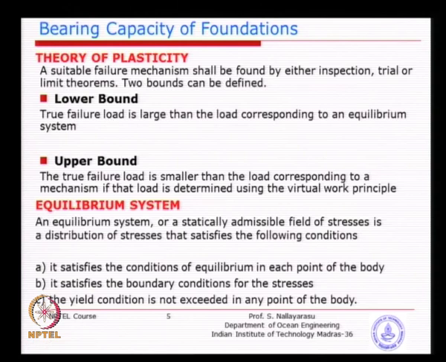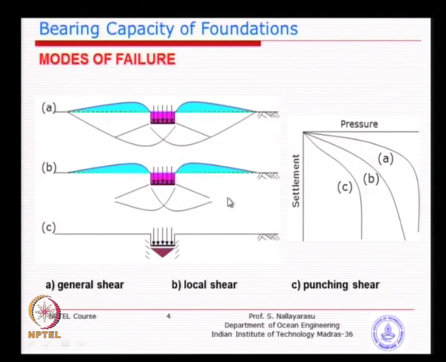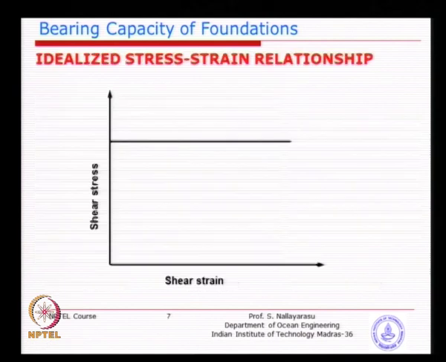We already have 3 types of failure modes, and if you look at the shape of this, several researchers have proposed different angles and different shapes to these wedges of active and passive soil triangles, and you can apply this to pure sand, pure clay, or c-phi soil. So, you will have several solutions.